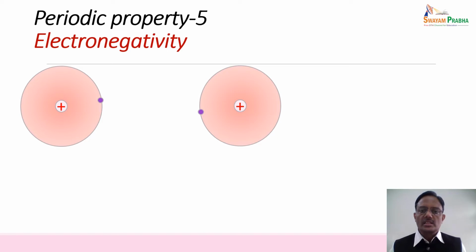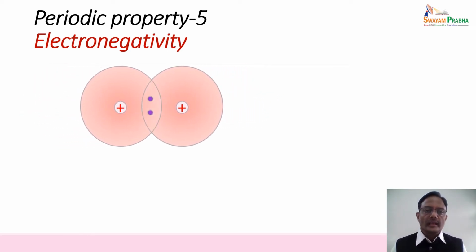When this bond is formed, the electron pair is normally present in between the two atoms, or the maximum probability of finding the electron pair is at the center of the two nuclei. This is what is expected when a bond is formed by equal sharing of electrons.